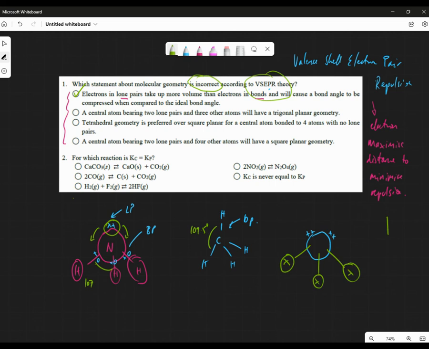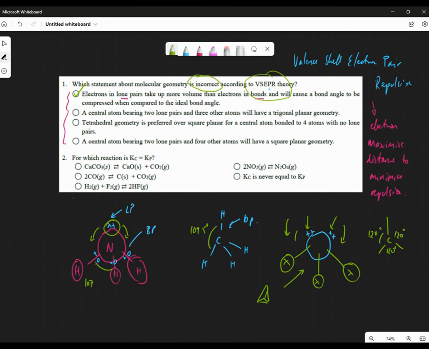Trigonal planar means it will be like this. All the angles are 120, and it's in a plane. Now, because of these lone pairs, it's going to squash these, and it's going to form a triangular pyramid shape, just like ammonia, actually, because the lone pairs are going to push down. So they're not going to be in the same plane.